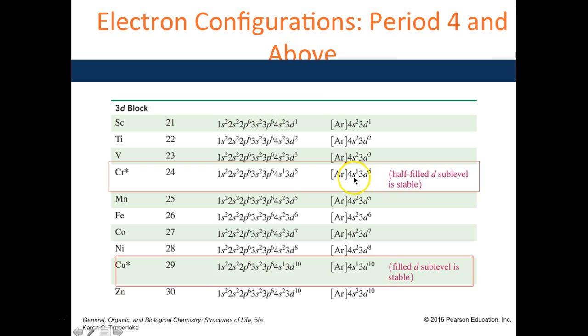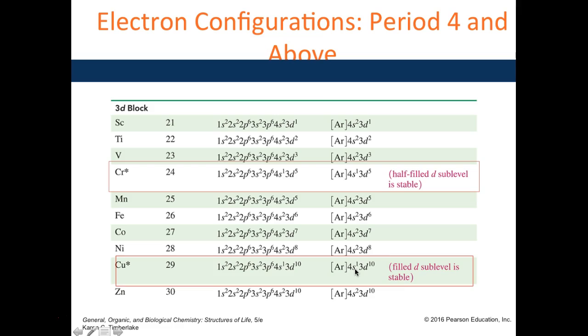So chromium with 24 should have been 4s2 3d4, but it would have an empty orbital, and therefore one of the electrons gets promoted so that all the 3d orbitals have 1 electron in them. So the d orbital is half filled, the s is half filled, and this is more stable compared to 4s2 3d4.